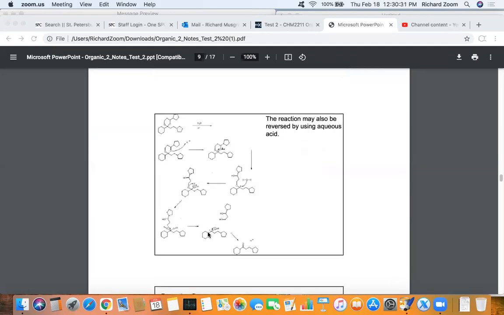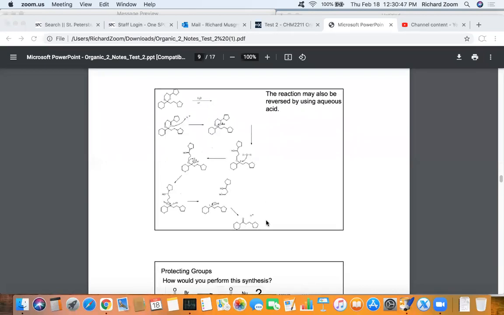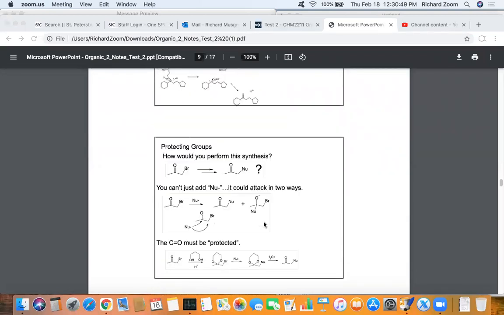The other reaction we dealt with was the reverse reaction, which was taking that cyclic acetal or ketal, treating it with H2O and H+, and then turning it back into the ketone from whence it came, and the diol as well. So in this vein, we can talk about protecting groups.